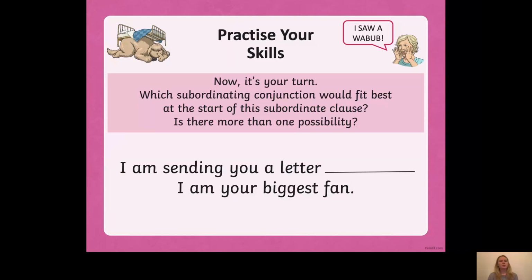I'm sending you a letter after I'm your biggest fan. No, so we've got before and because left. I'm sending you a letter because I'm your biggest fan. There you go. I'm sending you a letter because I am your biggest fan. So I am your biggest fan is the reason why I'm sending you a letter. So therefore, we are missing the subordinating conjunction because.